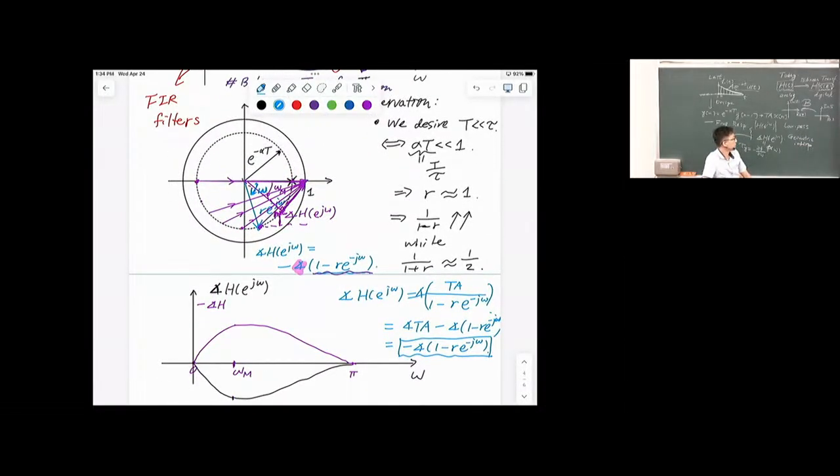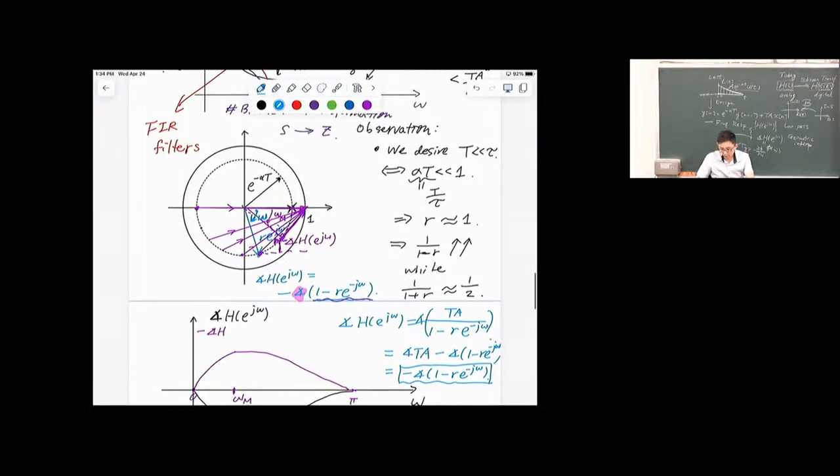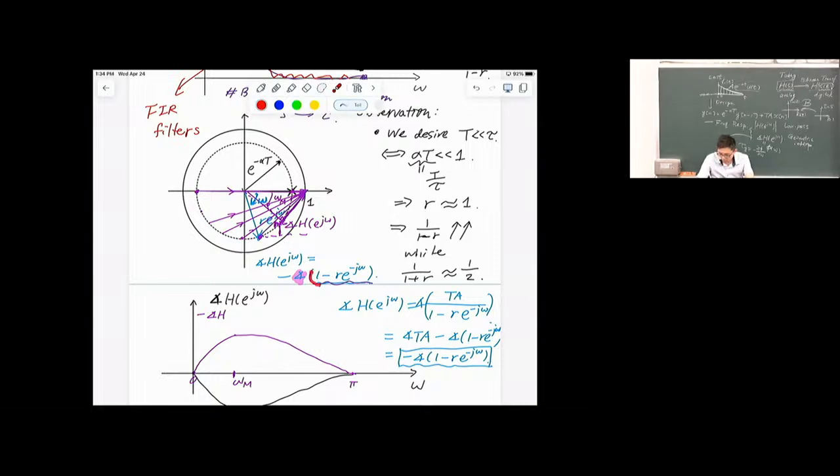Let's review this. We talked about phase response by a geometric interpretation, focusing on this vector, how it varies as omega increases, how the angle of this vector changes. Technically we also need to make it negative.